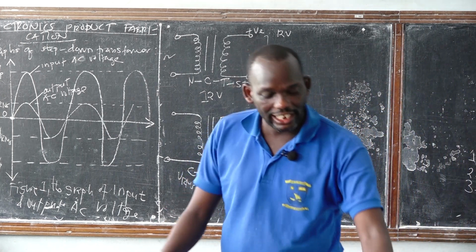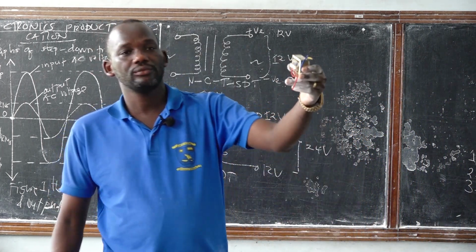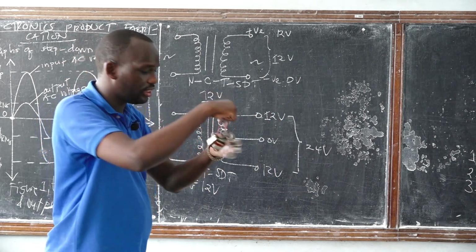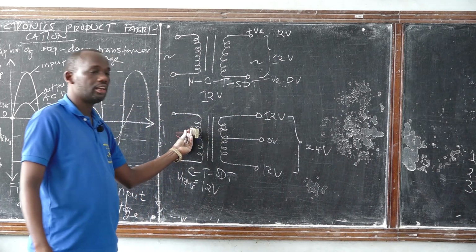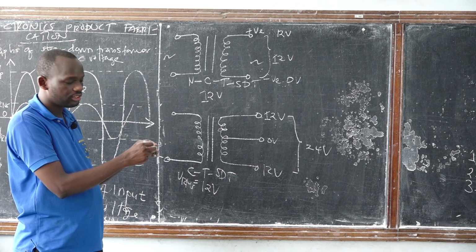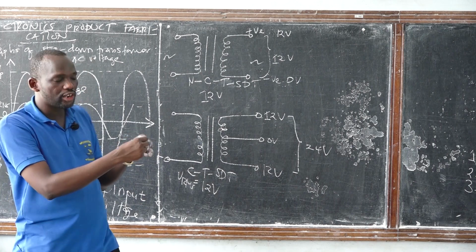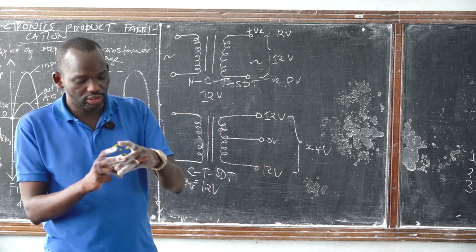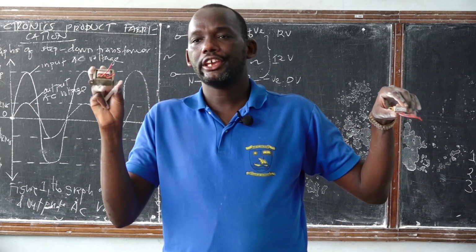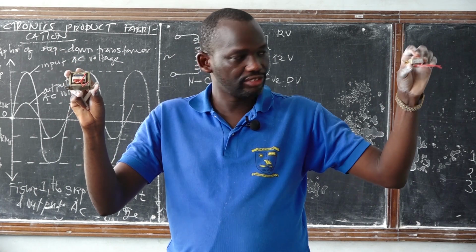So a center tapped transformer is just like this one. These wires, which are at the bottom, are the input. These are what you have presented here. And at the output, there are 3 wires. Right? Mostly you can find blue, yellow, and blue. Most of the input wires are red.